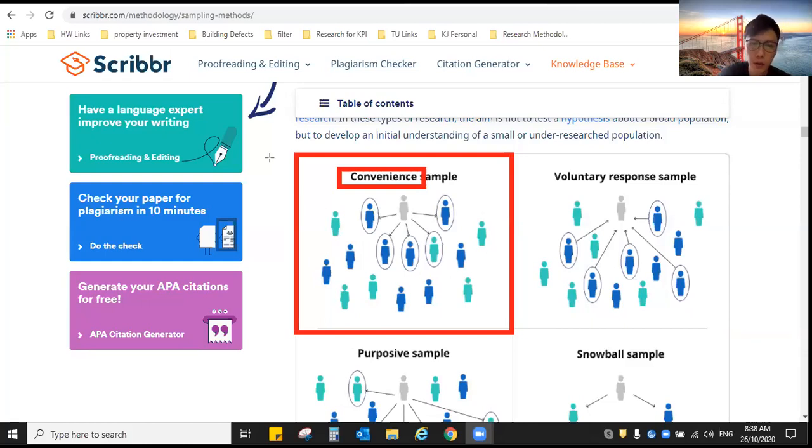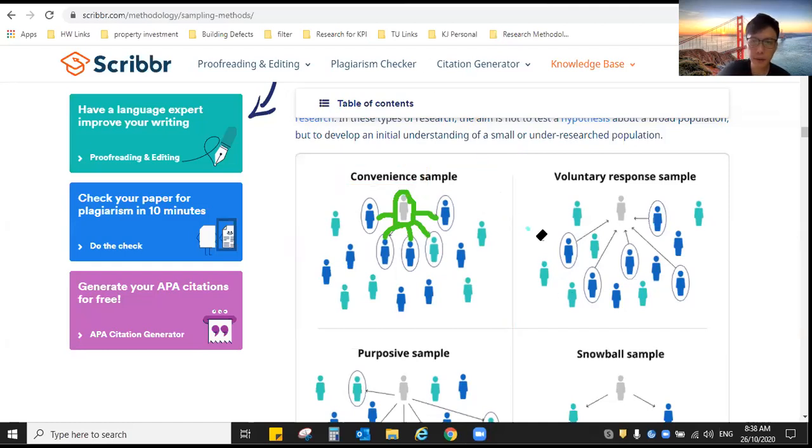So the drawing is based on easy access, based on whether you are easy, you are free. The first one is nearest to the researcher. The second one, the nearest one, is based on your easiness, your convenience. That is called convenient. Very easy.